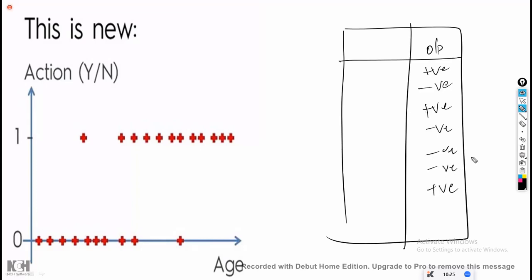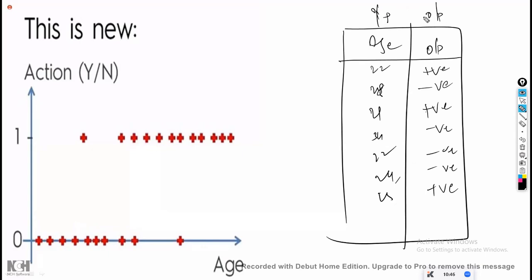You are having the data like this, and an input variable called age. Age of the person is 22, 28, 29, 34, 22, 24, 25, something like this. Now, this is the input variable and this is the output variable.